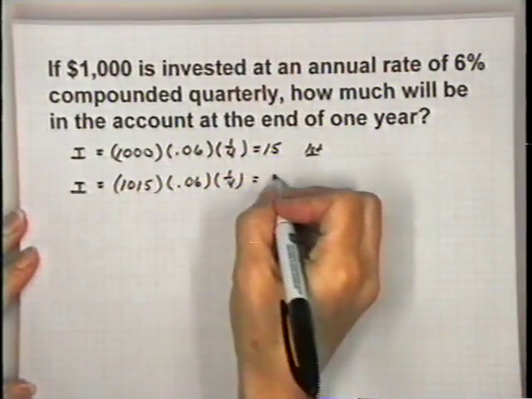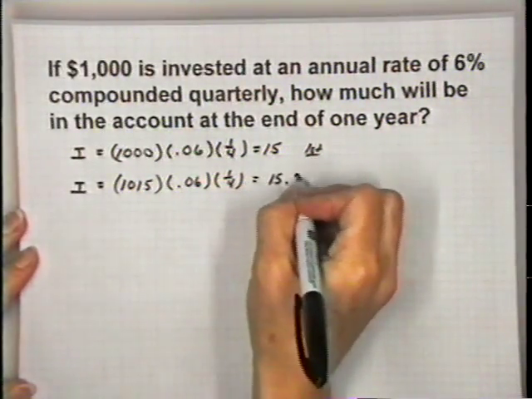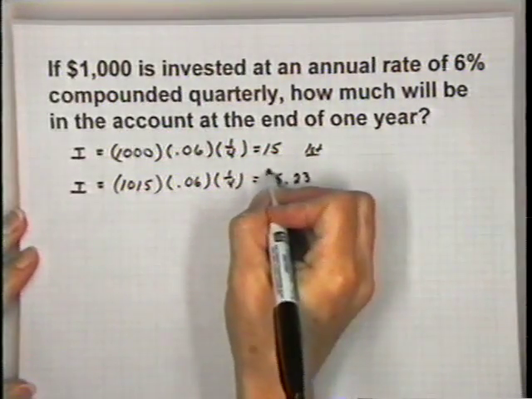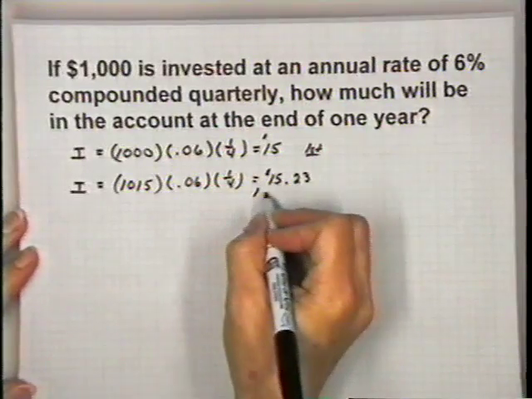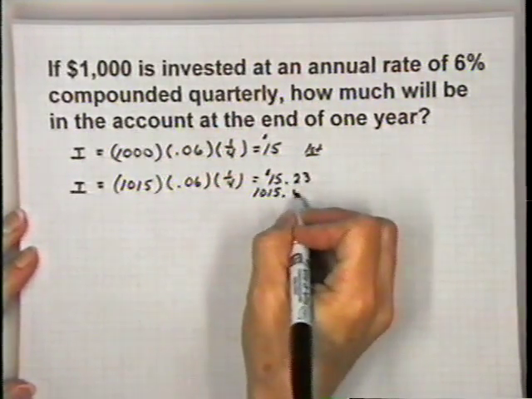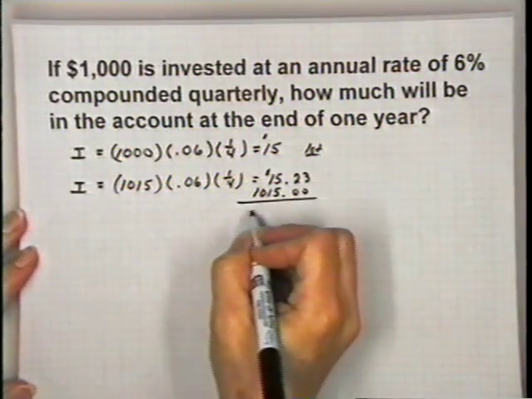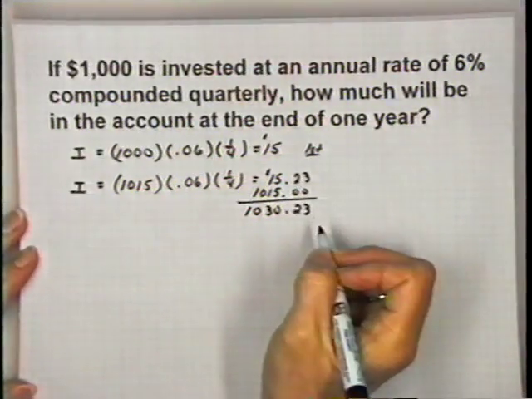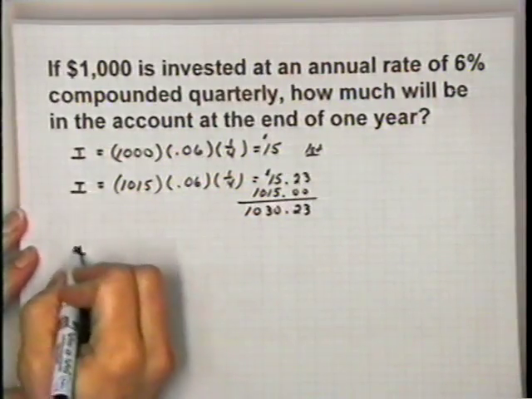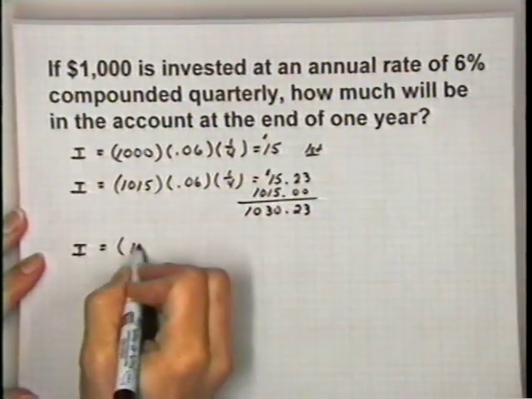This interest is $15.23. Now I'm rounding off because that's what they would do at the bank. Now this goes in with that 1,015 that I already had in there. So now I have 1,030.23, don't I?